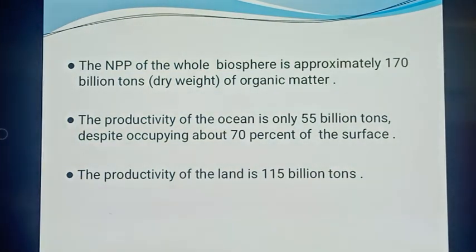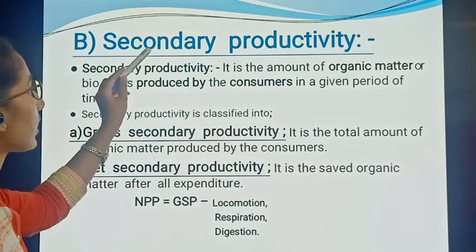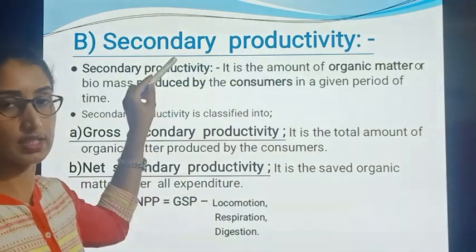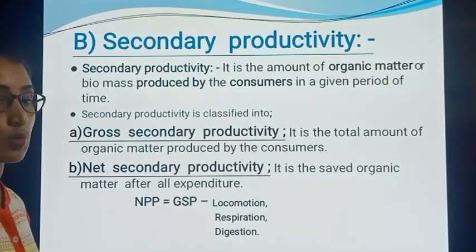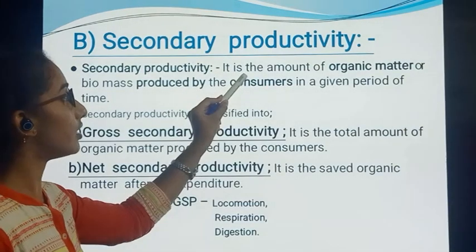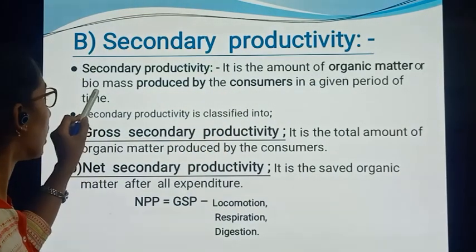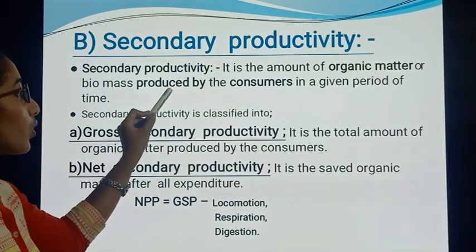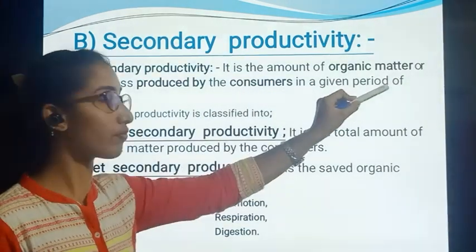Next, we shall discuss the second type of productivity, that is secondary productivity. What is secondary productivity? It is the amount of organic matter or biomass produced by the consumers in a given period of time.